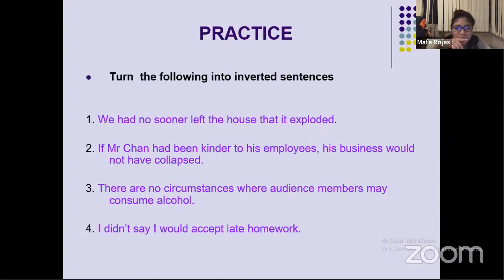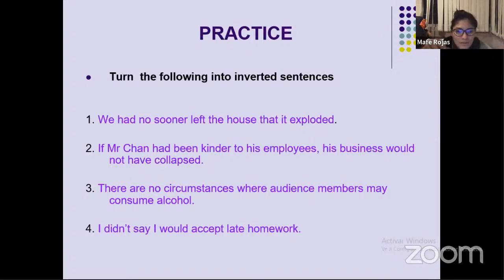Oh, I don't know which adverb. Would you use never? Maybe, I never said I would accept late homework. Yes, I never said, did I?